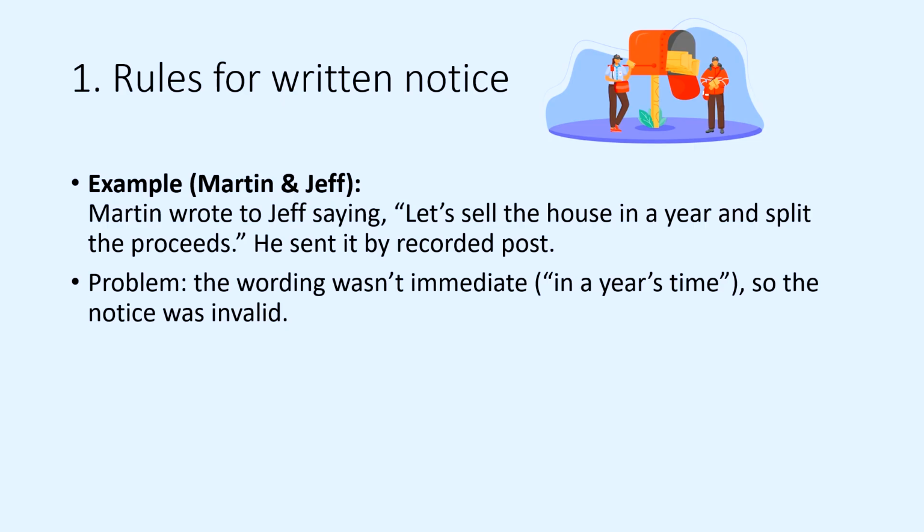So the problem we can see is that the wording wasn't immediate, because he said in a year's time I want to sell the house, but that is not allowed in land law because it needs to be immediate, so the notice will basically be invalid.